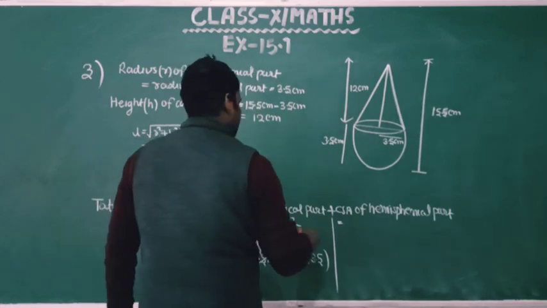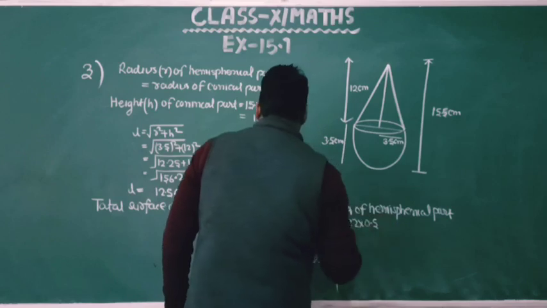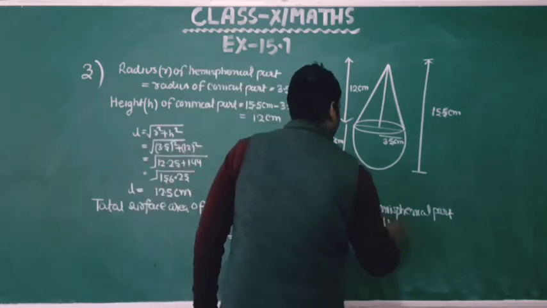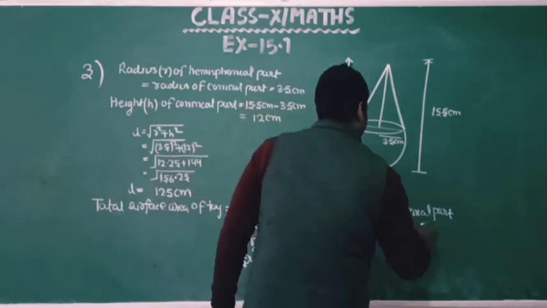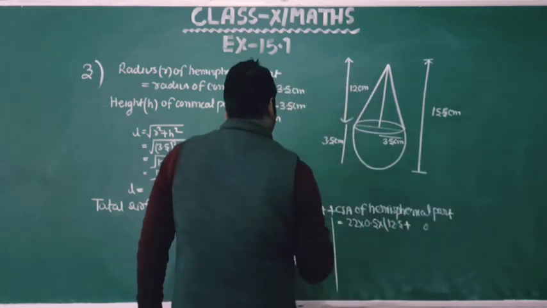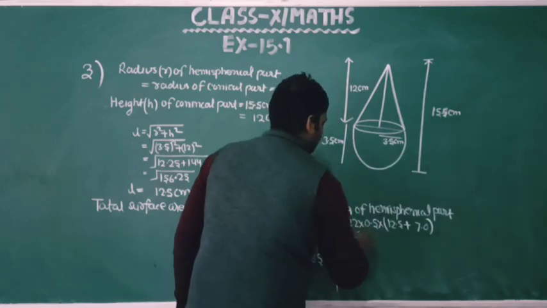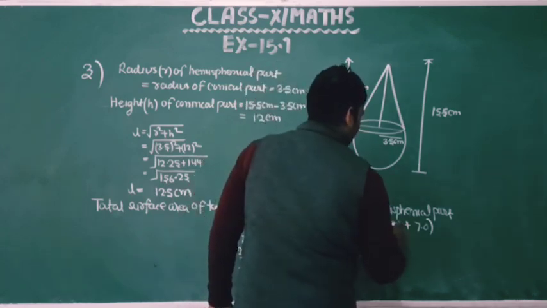This is 22 into 0.5 into 12.5 plus 7, which is 11 into 19.5.